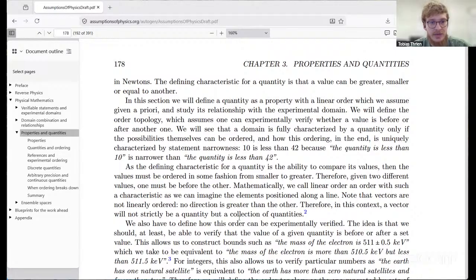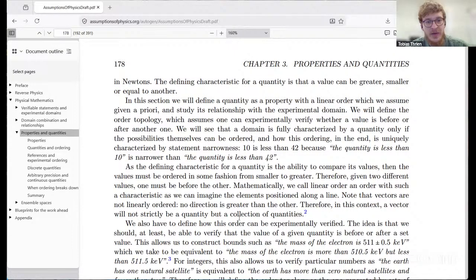In this section, we will define a quantity as a property with a linear order, which we assume given a priori, and study its relationship with the experimental domain. We will define the order topology, which assumes one can experimentally verify whether a value is before or after another one.